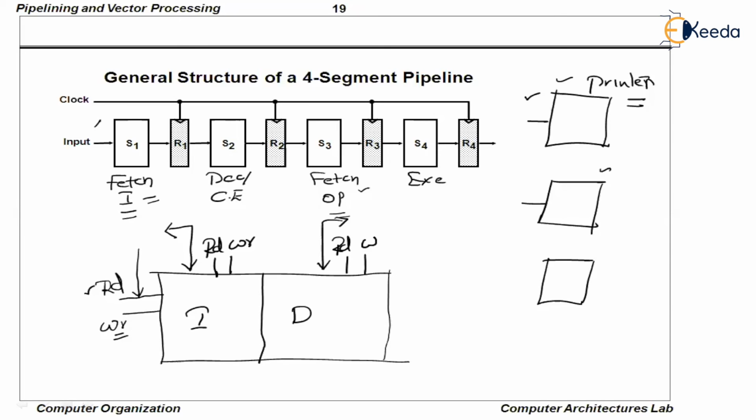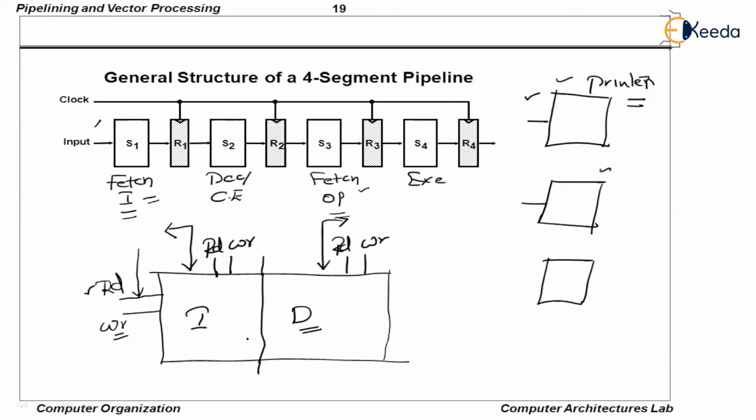You know that main memory is physically divided into two parts. One is the instruction part, one more is the data part. It is quite evident from the previous discussions that main memory is divided into two parts. Right from the very initial class, we've been talking about the main memory and its division into two parts.